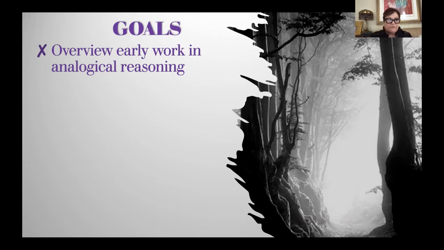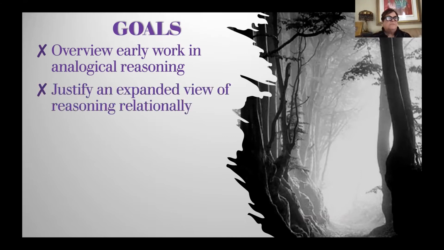I'm going to overview some of that early work and what it contributed to my understanding. And then I want to take a moment to try to justify this expanded view of relational reasoning. Why do we need something other than analogy? For those of us who are deeply committed to analogical reasoning, it almost seems heretical, but we'll see.